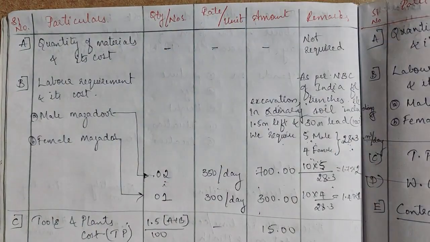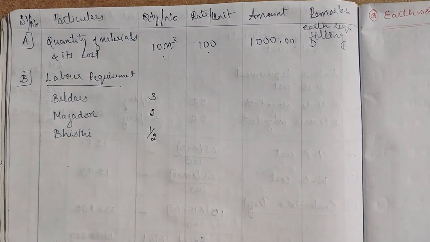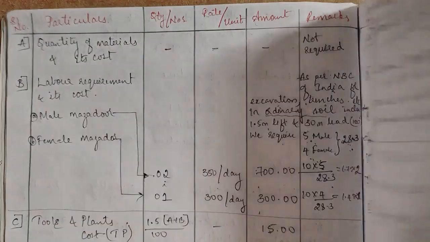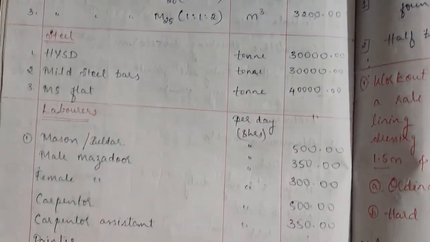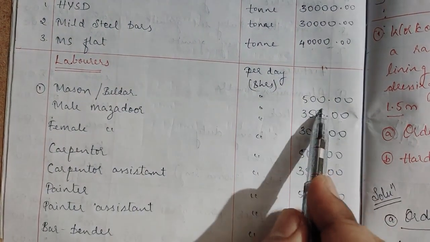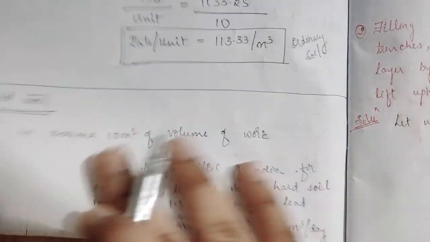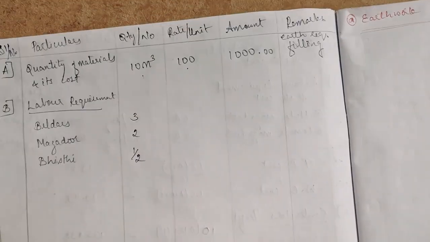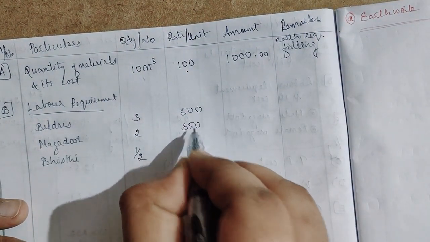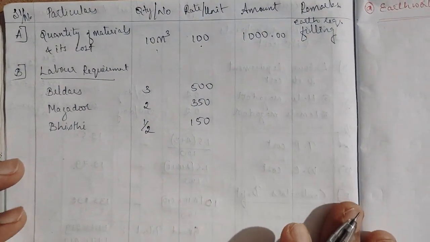Okay, so what they have given, just note it down. Now rates. So for beldar what is the rate, for mazdur what is the rate, and for bhisti what is the rate? I have given you this rates chart. Okay, for beldar we will take 500, mazdur 350 and bhisti is 150. Okay, so how much will be the amount?